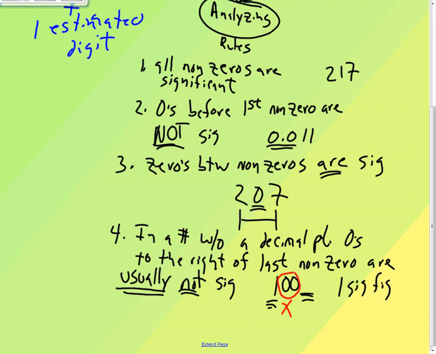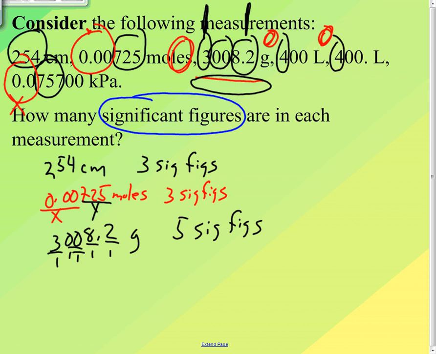So go look at our question. Right here, I have 400, right? No decimal. My last non-zero is the 4. That means my zeros to the right of the 4 are what? Not significant. So in a number like 400, without a decimal, I only have 1 sig fig.